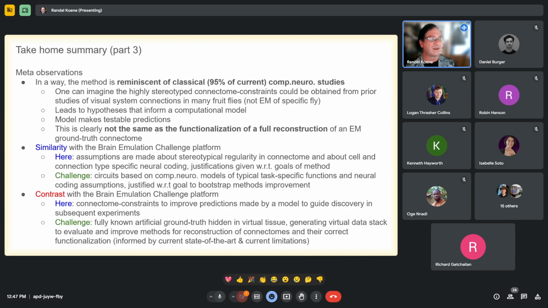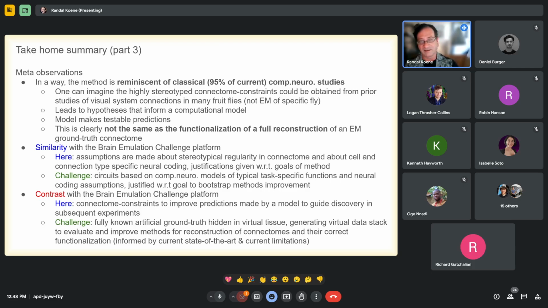So we're justifying it with the idea that we're bootstrapping the discovery of methods. Every time we make a certain number of assumptions, we know that the methods being used to try to reconstruct and functionalize are also constrained already by either the data that was able to be collected or the assumptions that went into building the models.